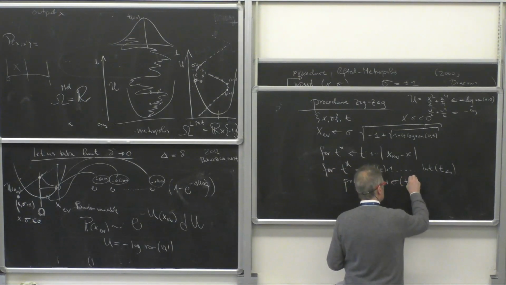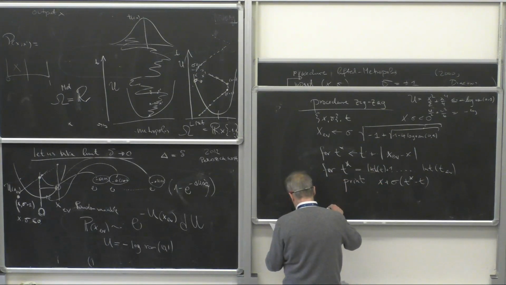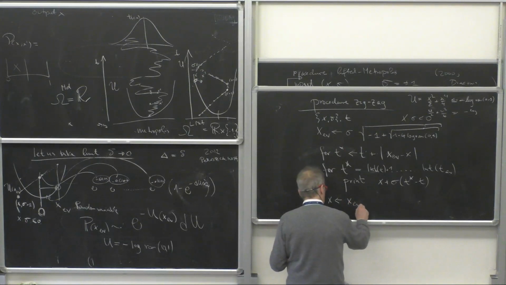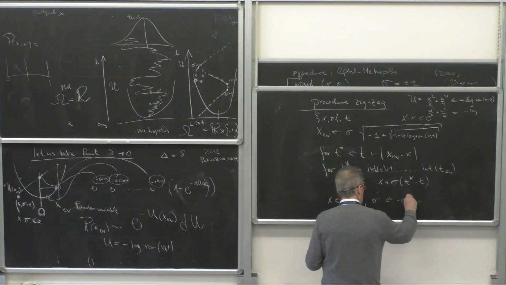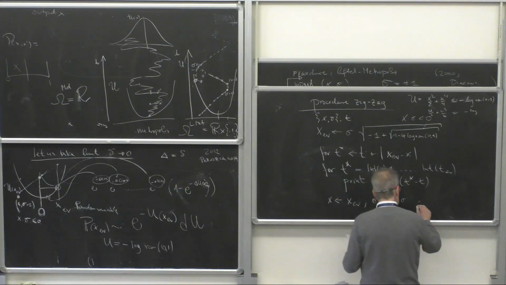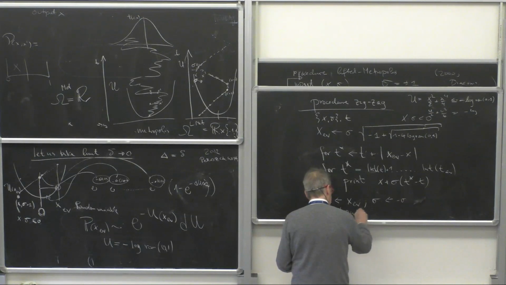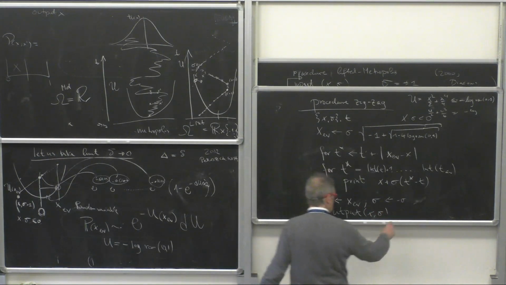Just a moment. And then what you do at the end, x is equal to x event, sigma is minus sigma, and you output x and t.